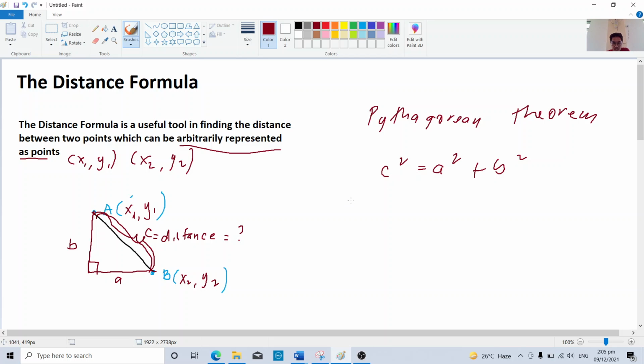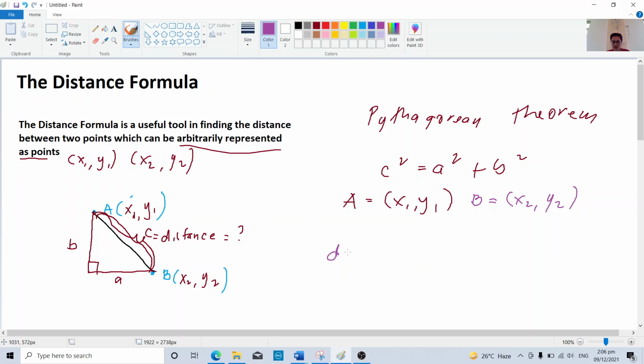Diba ito, si point A is equal to x sub 1, y sub 1. And sa point B, we have is equal to x sub 2, y sub 2. Paano na natin makuha yung distance formula dyan?